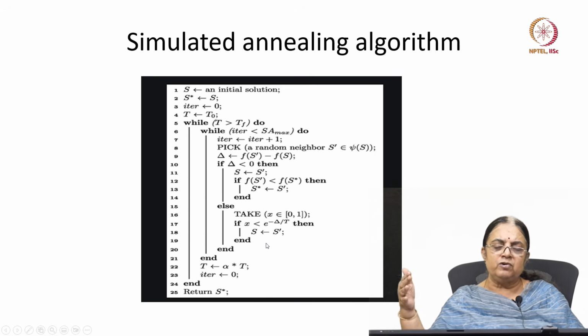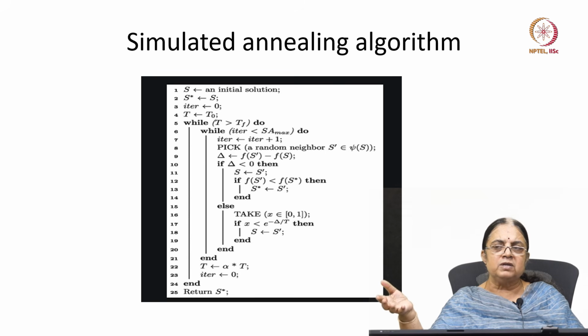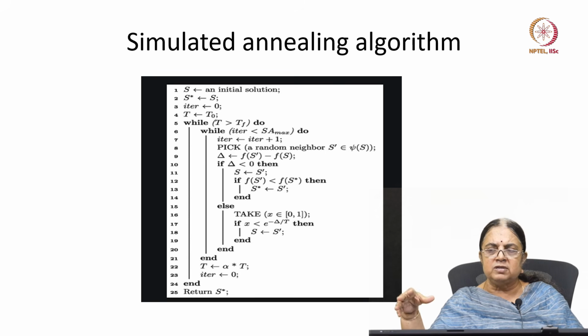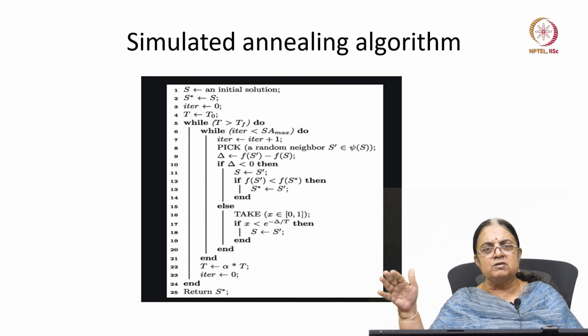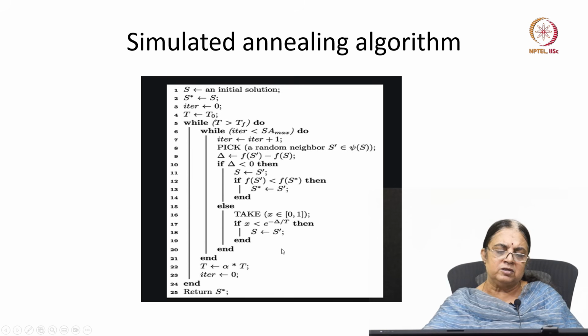So basically, even if it is worse, you may accept it, and the reason for this is to avoid the local minimum or local maximum problem which we spoke of in the local search algorithms.